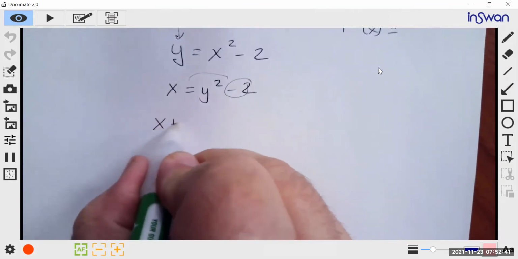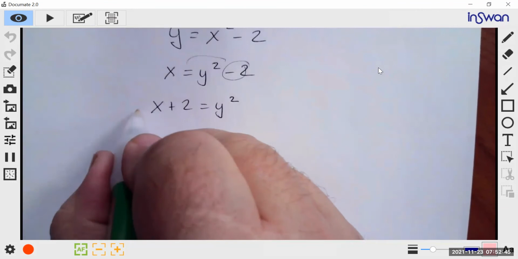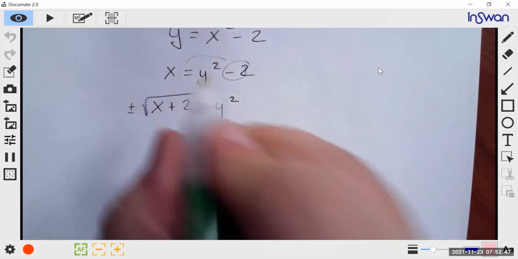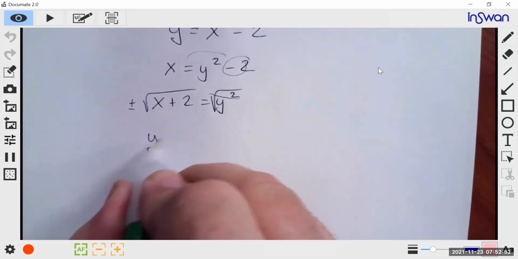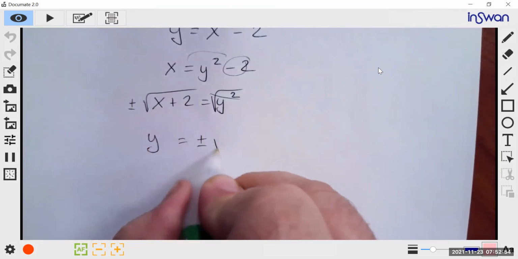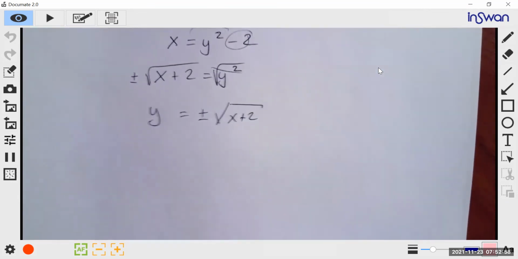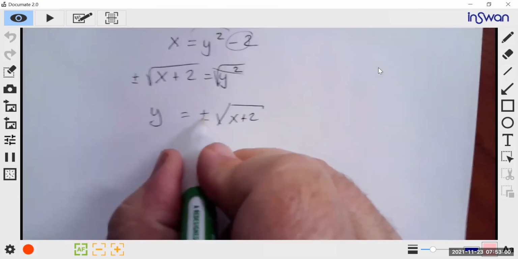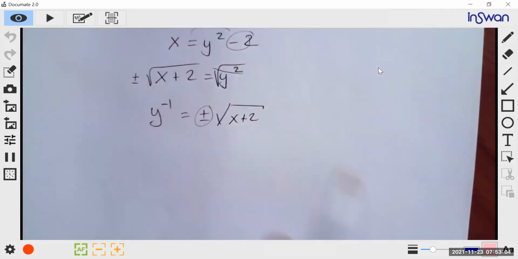So it's x plus 2 equals y squared. Square root both sides. We get y equals plus or minus the square root of (x plus 2). It's not 1-to-1 because there's 2 of them. It's not unique.